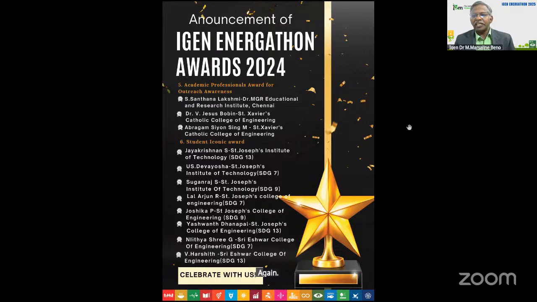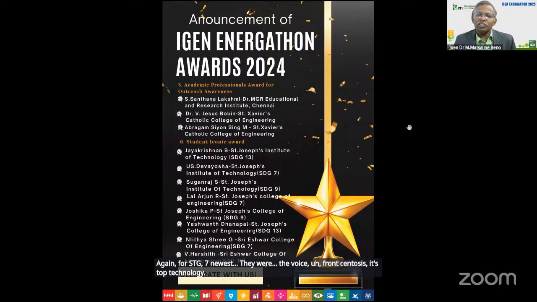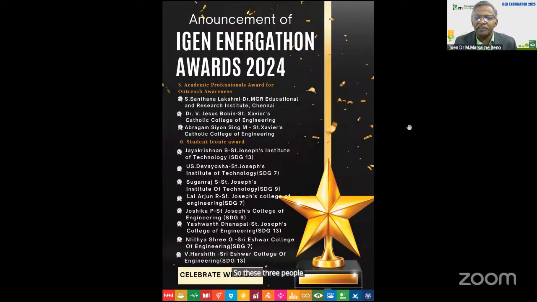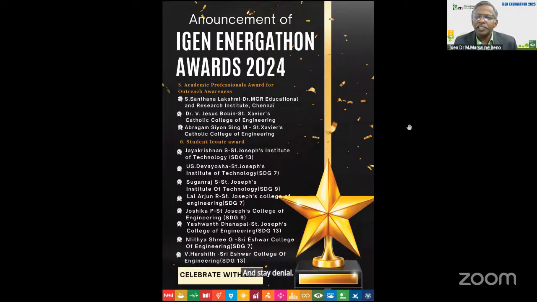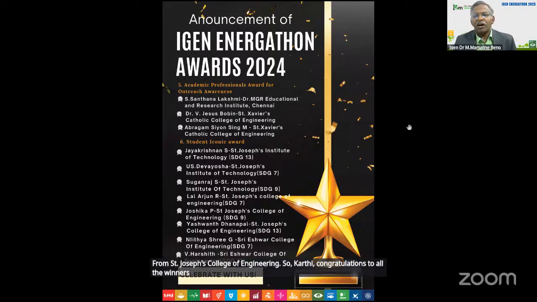For SDG 7, Devoisha from St. Joseph's Institute of Technology, Lal Arjun from St. Joseph's College of Engineering, and Nitya from Sri Iswar College of Engineering. These three people will be given the Student Iconic Award for their SDG 7 action. And SDG 9, Sugunaraj from St. Joseph's Institute of Technology and Josiga from St. Joseph's College of Engineering. Hearty congratulations to all the award winners.